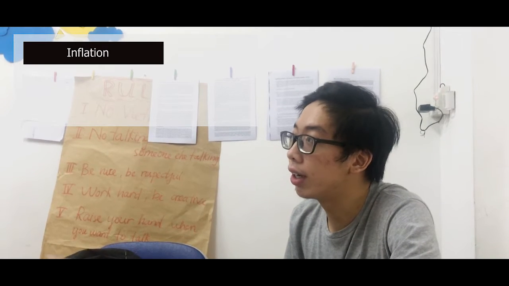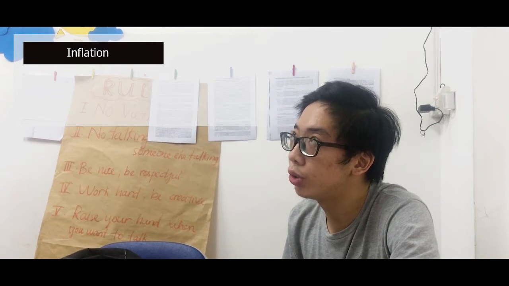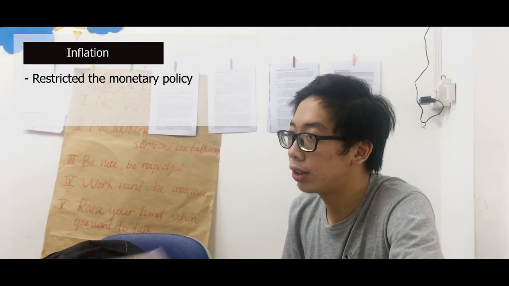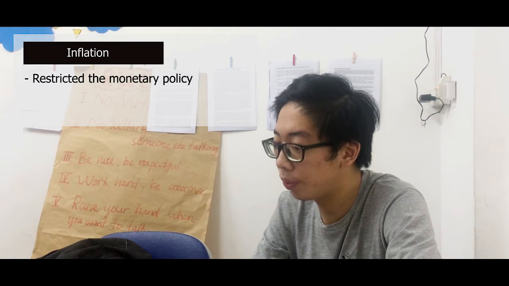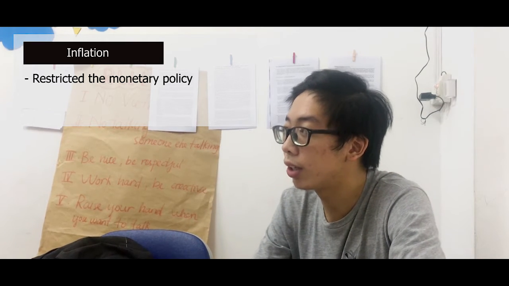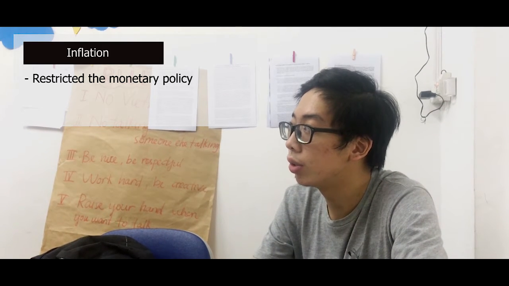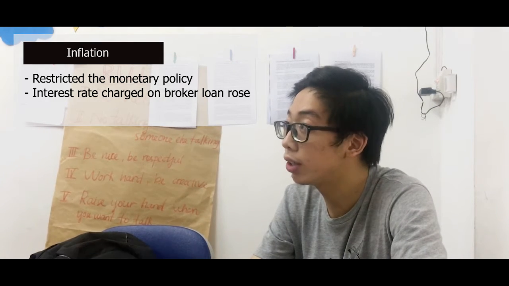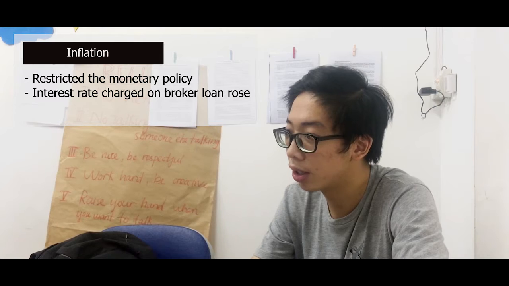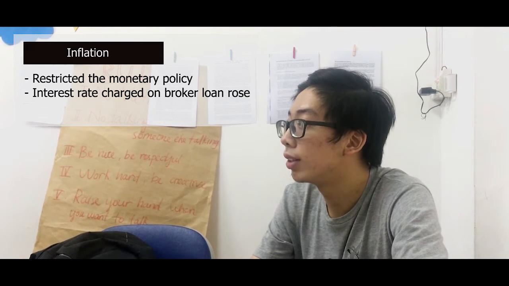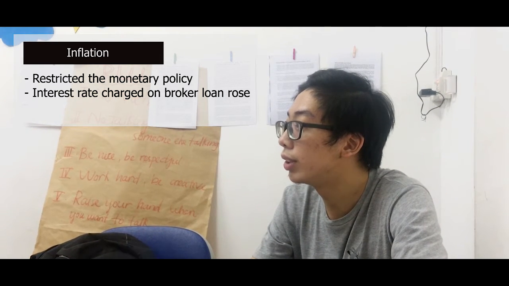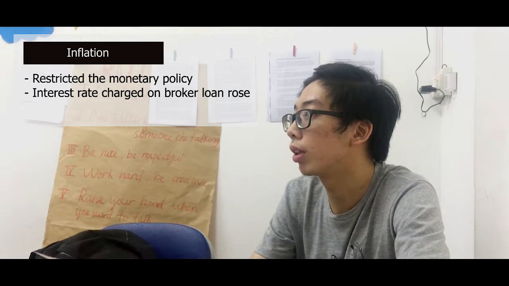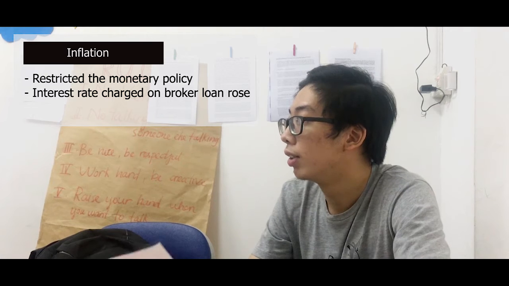In early 1929, the Federal Reserve restricted the monetary policy, because the stocks were overpriced at that time, damaging the economy heavily. So to lower the stock price, the interest rate charged on broker loans rose significantly, and this might lower the demand to buy shares for the investors, but it also lowered economic growth.